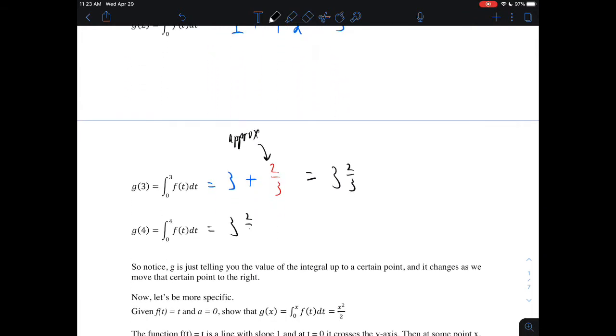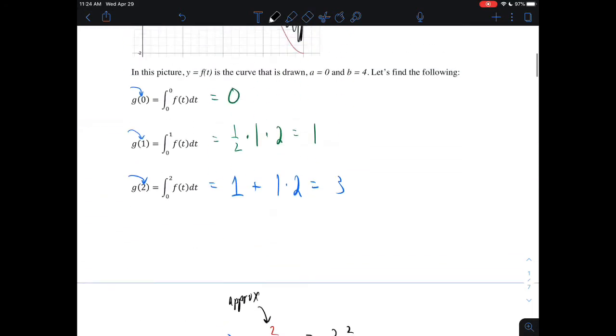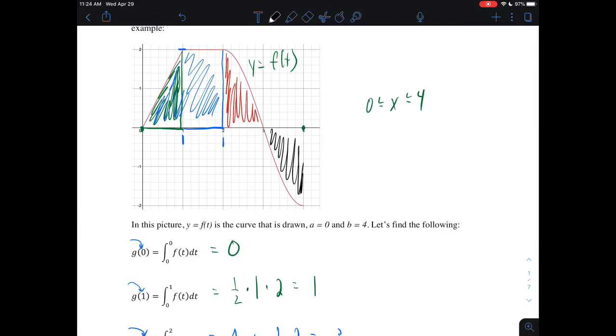We had 3 2/3 from before, but now we're subtracting something that looks the same. So we've now reduced our area because we had some negative area below the x-axis. All right, so that's really all that this function does. It's just adding to the area as we increase the value of x from the beginning, 0, to the end, 4.